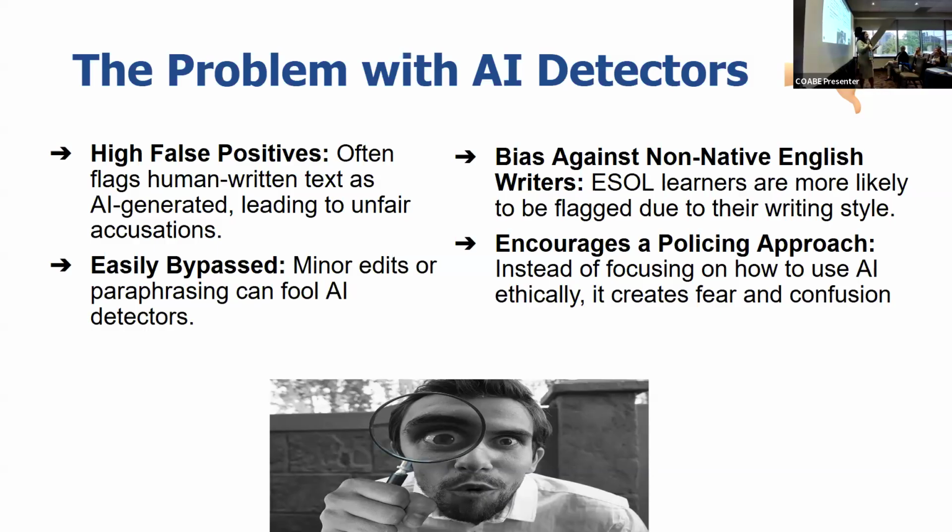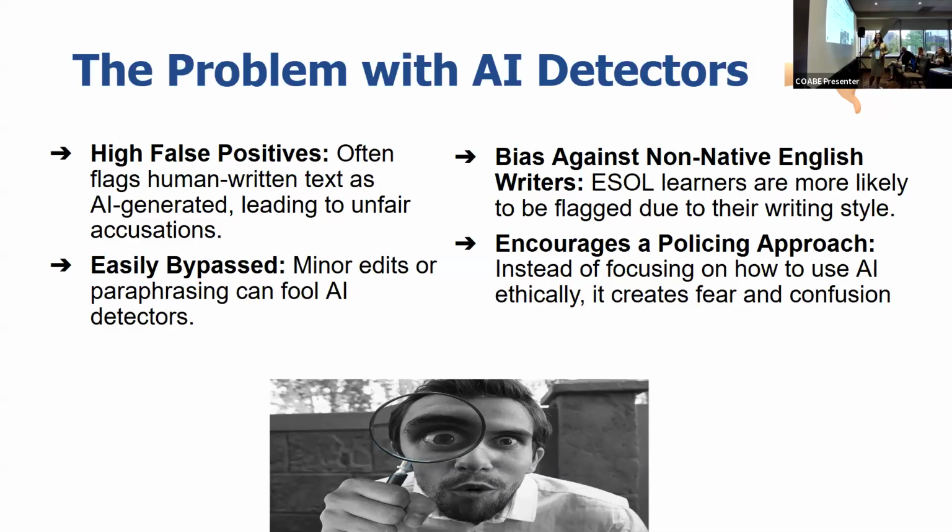And then these days, it can be easily bypassed. If you're really good at prompt engineering, you can make minor edits or paraphrasing that can fool AI detectors. Okay. And then there's bias against non-native English writers. So our ESOL learners are more likely to be flagged due to their writing.